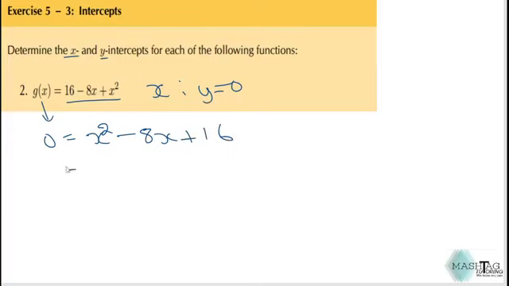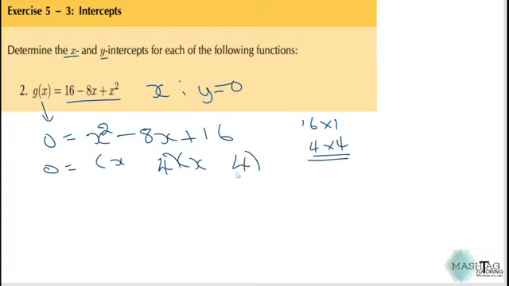Therefore, from here we factorize, because it's really about solving for x. So we factorize for 16. What are the factors of 16? 16 times 1, 4 times 4. Yes, 4 times 4 works, because if you add the two, they give you 8. So we put a 4 there and a 4 there.